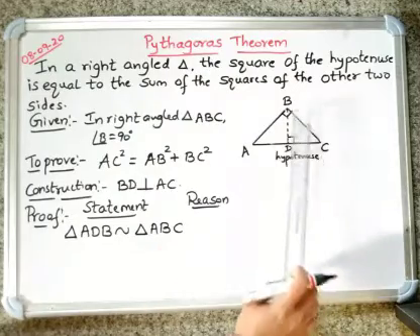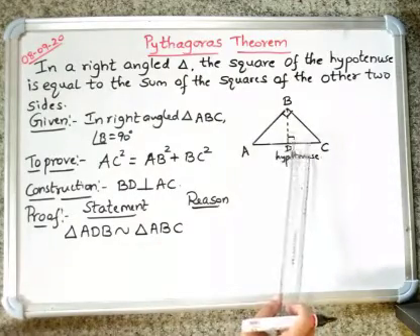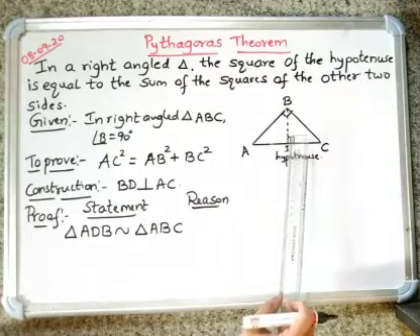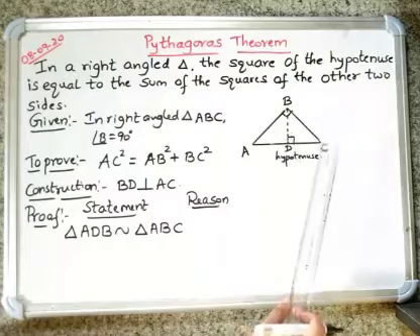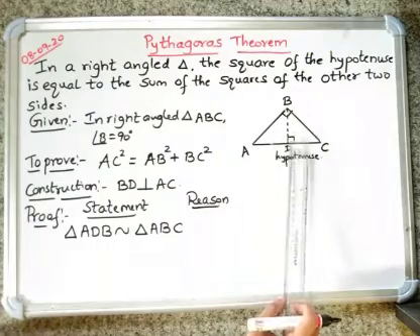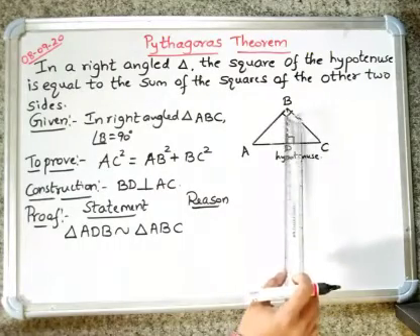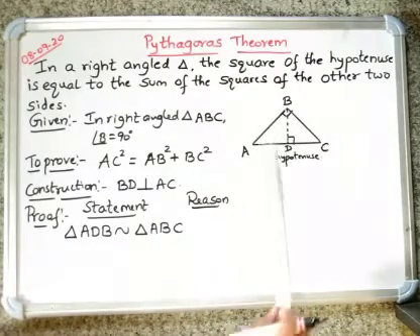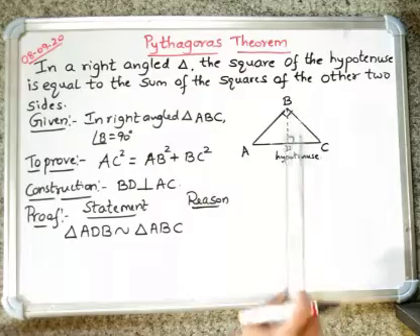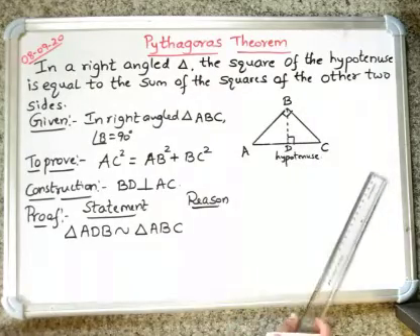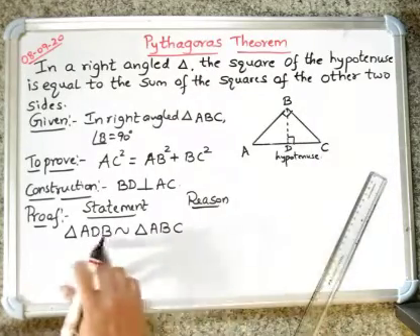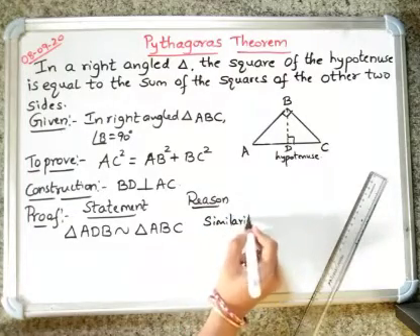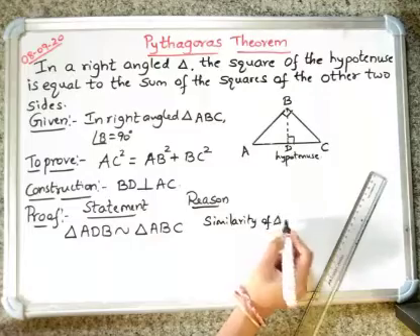Why is it similar? Earlier we have studied that similar triangles are of the same shape but not size, right? Now D is 90 degrees, B is also 90 degrees, right? A is common to both. So that we can write here the reason as similarity of triangles, right?